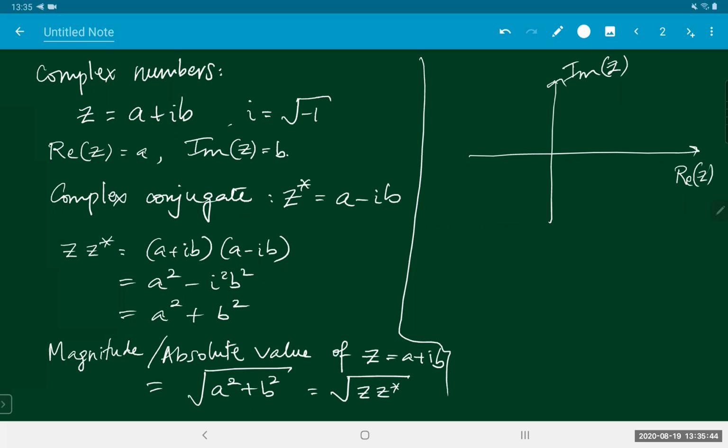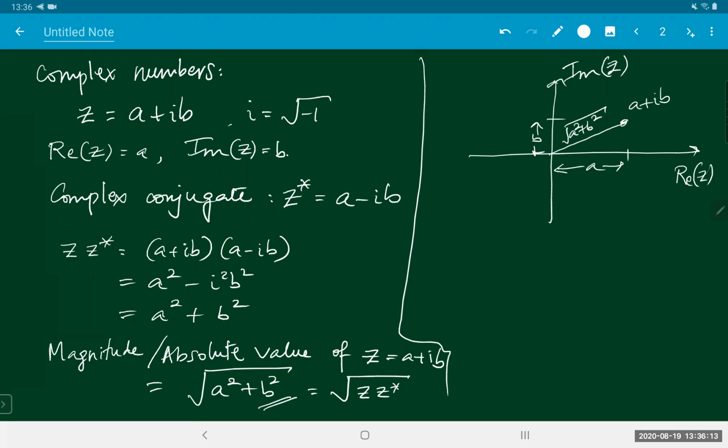So any number a plus ib is going to be marked as a over here, b over here. So this is your a plus ib. And then what this square root of a squared plus b squared means is just the distance of this point from the origin.